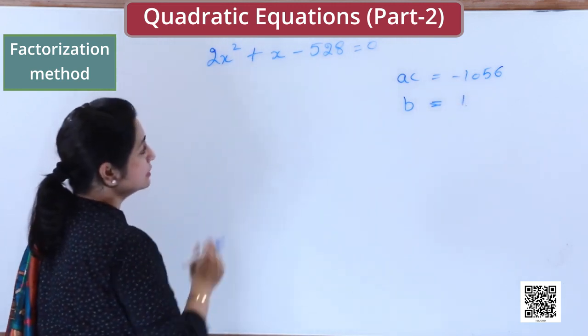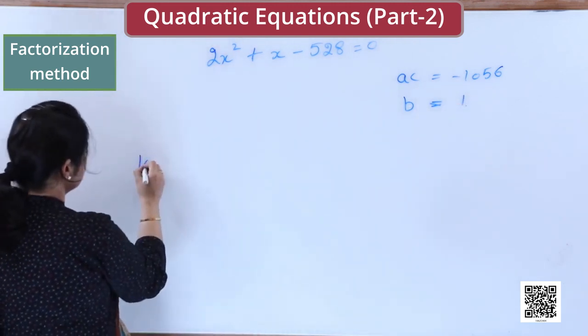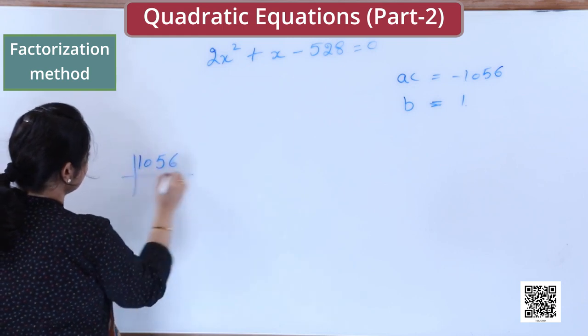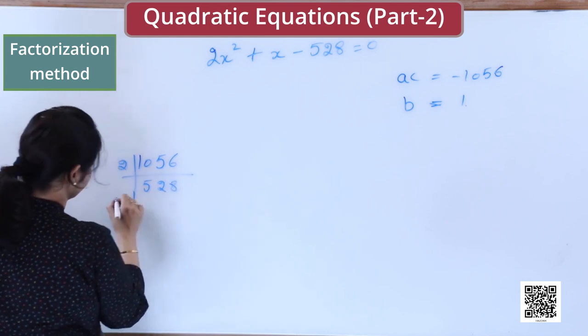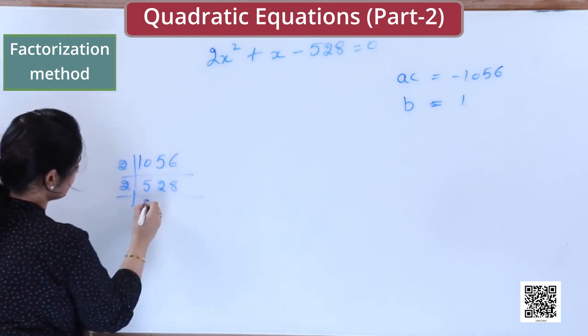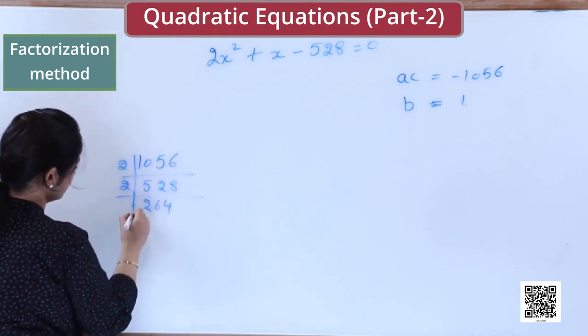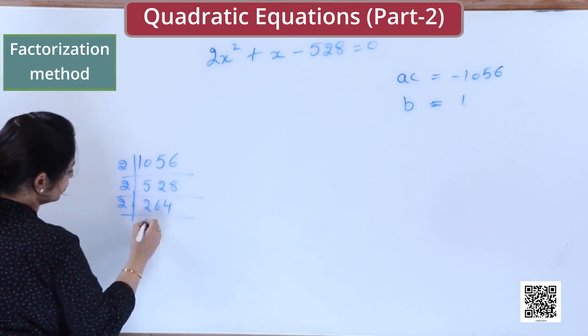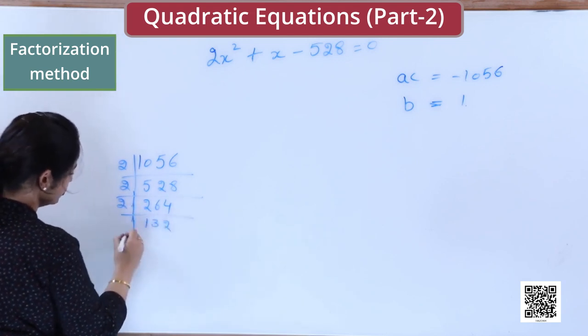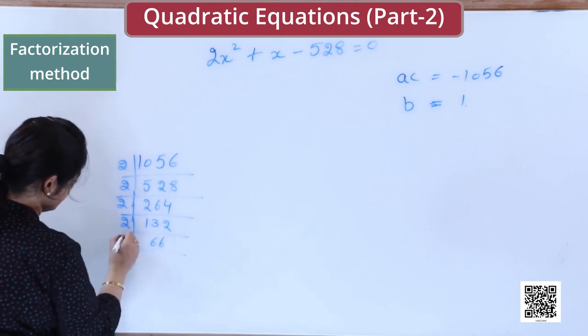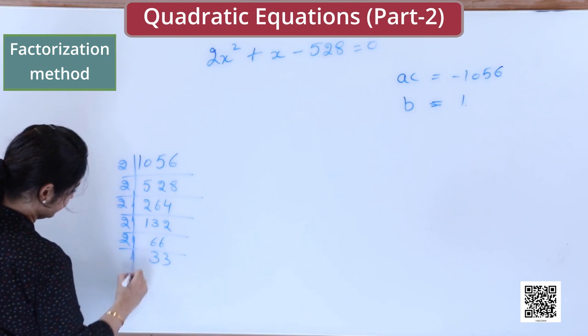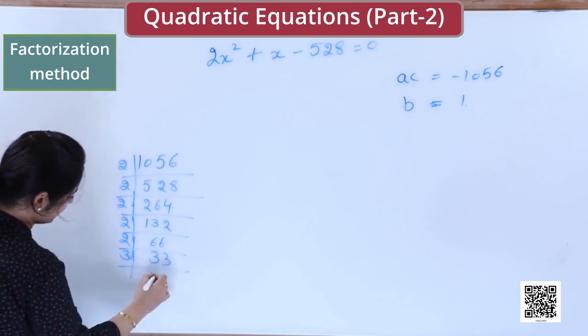So factorizing 1056, dividing it by 2, we get 528. Again, we get 264, once again 132, once again 66, then 33. Now dividing it by 3, we get 11.